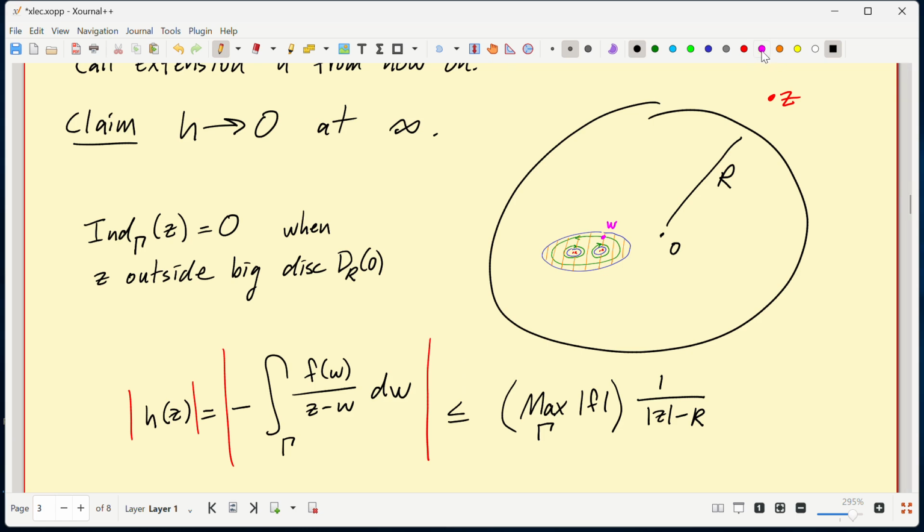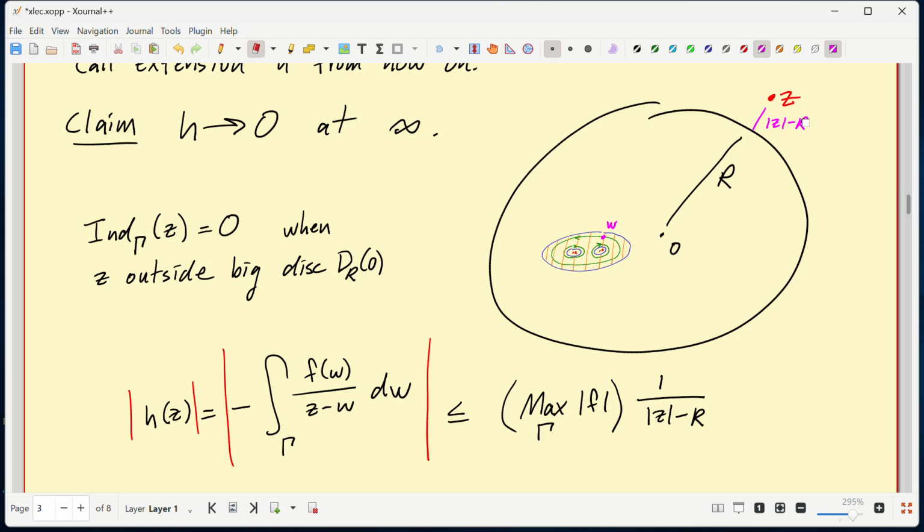That's this little distance here. Mod z minus r is clearly less than the distance from that w to z, because w is inside that disk. So that being less than the denominator makes the quotient there bigger.